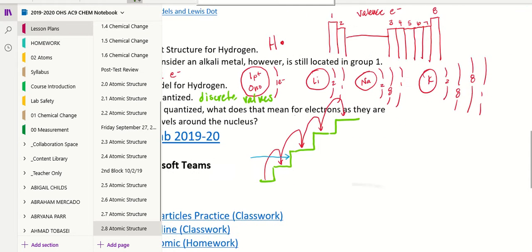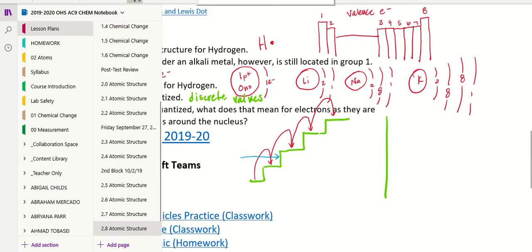Has anybody ever climbed one of these before? So again, you have different rungs on the ladder. What happens when you try to put your foot right there? Yeah, nothing good. You have discrete values you have to step on the ladder in order to use the ladder correctly.